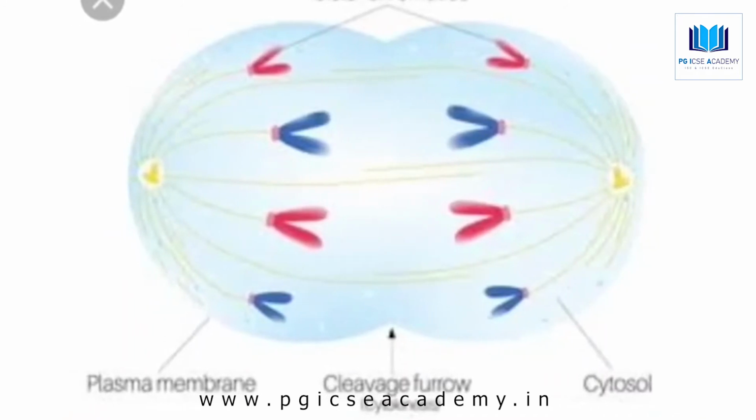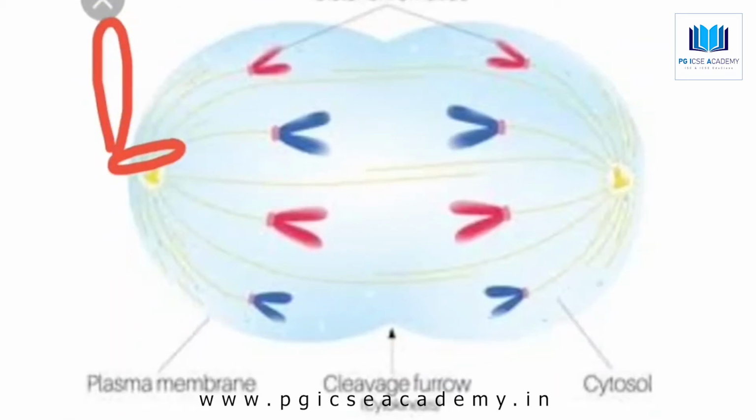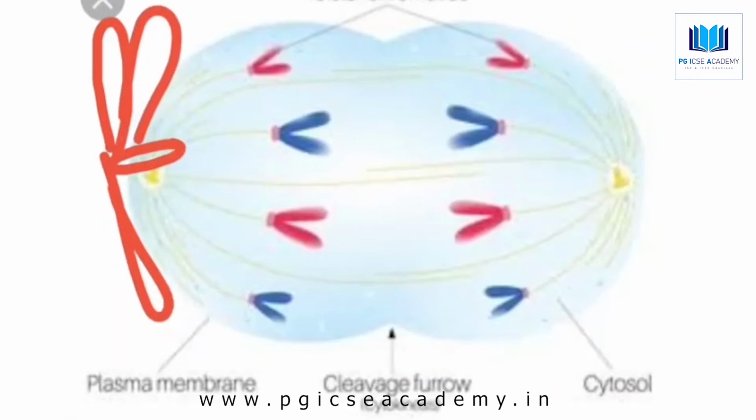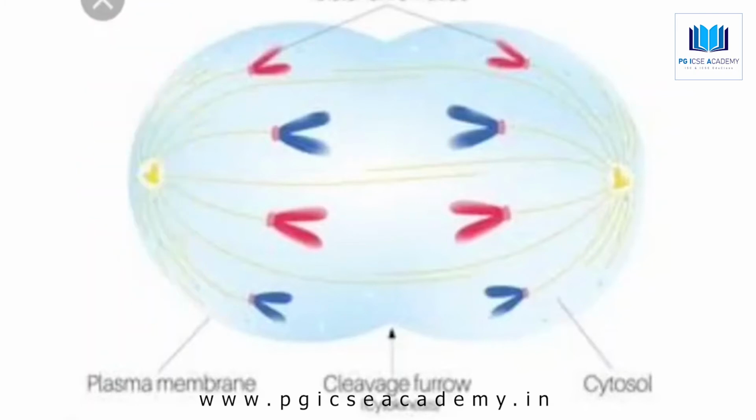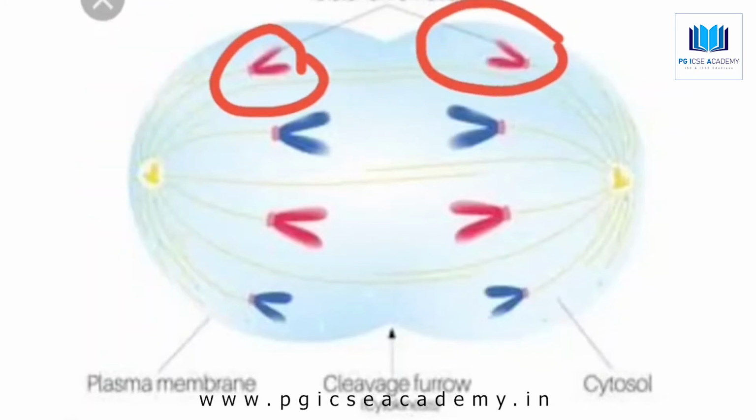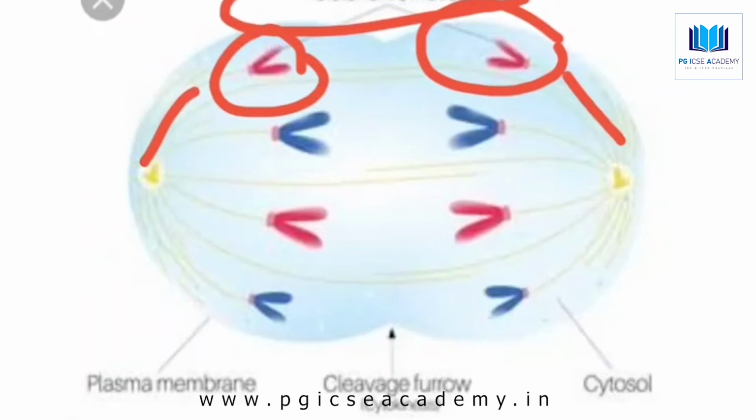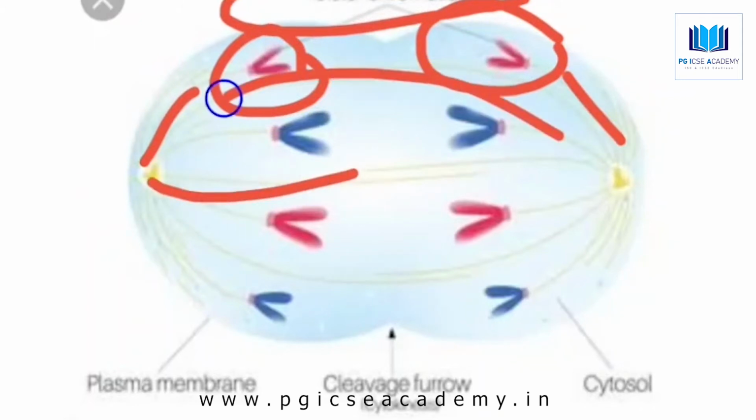It means that the chromosome which was attached at the centromere divides into two parts. This is the one part and this is the second part, and they form two sister chromatids at the spindle fiber and also at the opposite poles.